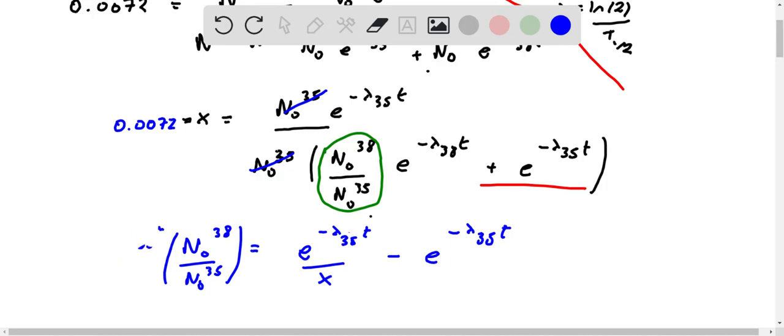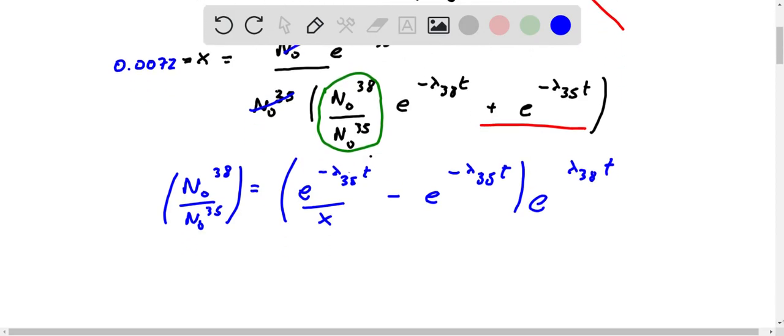So if I multiply this, I'll bring this over to the other side and I'll get e to the power of lambda 238 t. Let me do some more manipulation here. I can factor out this here, and then multiply it the same way with this here. So we can get e to the power of lambda 238 t minus lambda 235 t.